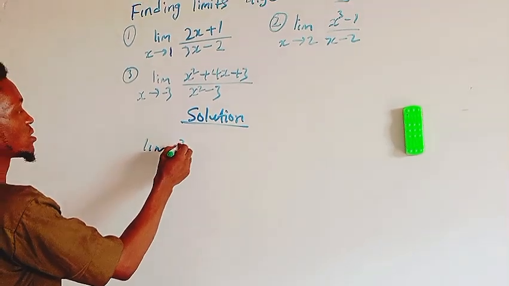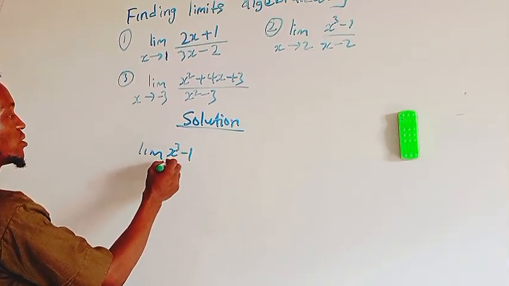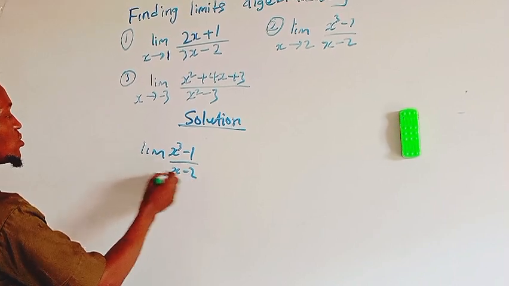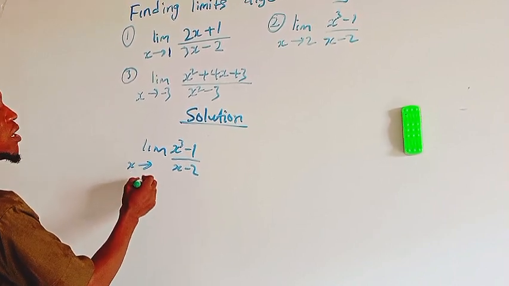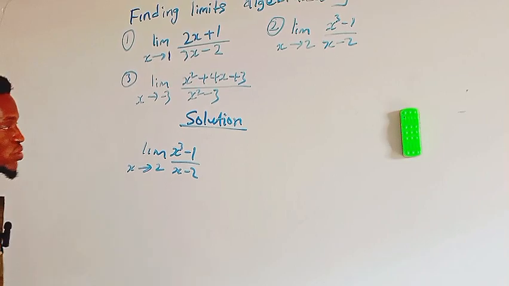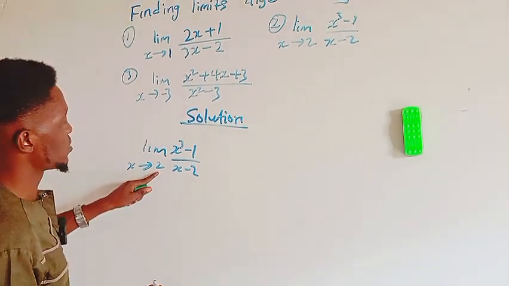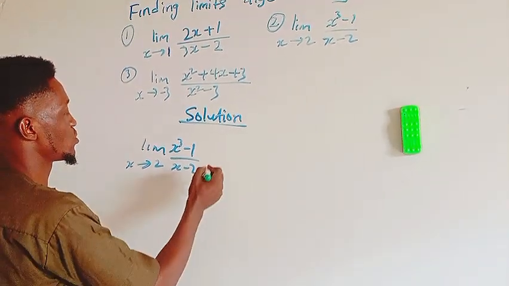The second limit is (x cubed minus 1) over (x minus 2) as x approaches 2. So we substitute x with 2.